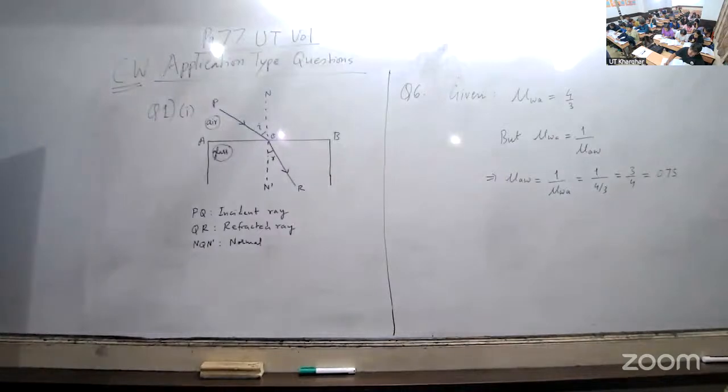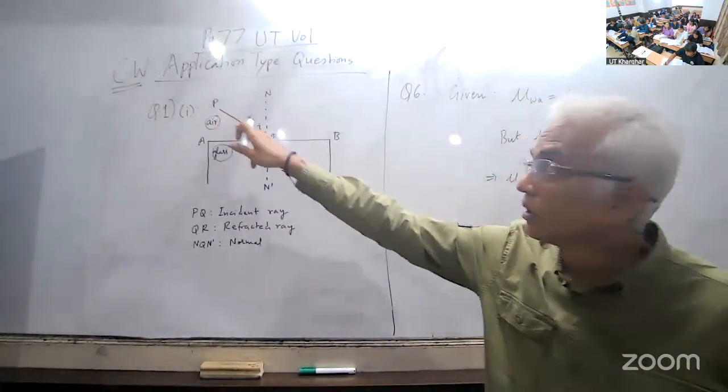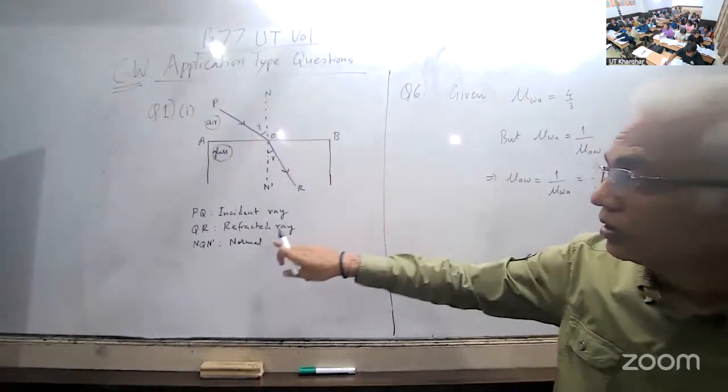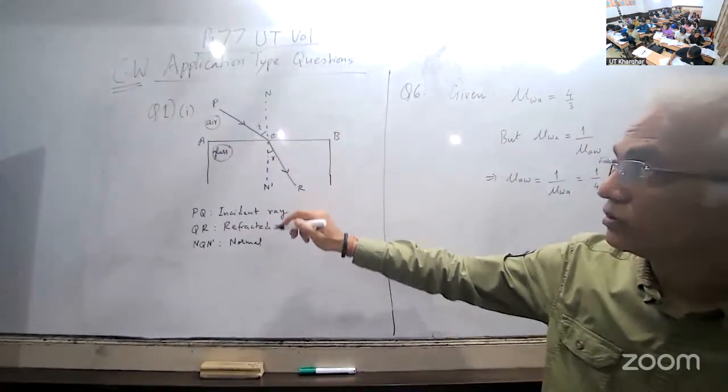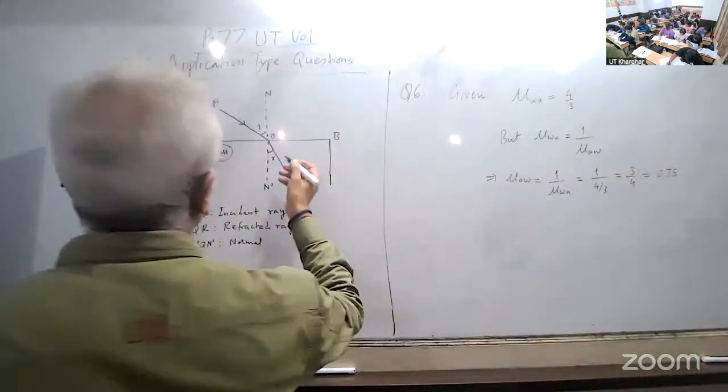You have to label the incident ray. So either you write incident ray here, okay, right here, or you can show it like this also. Okay? An angle of incidence. You've labeled it.